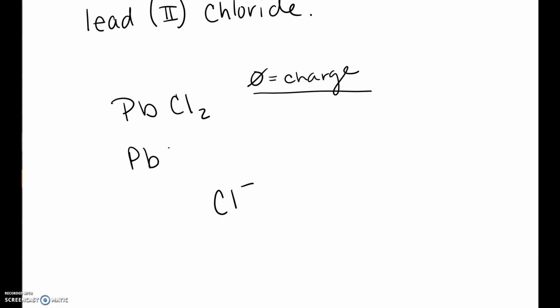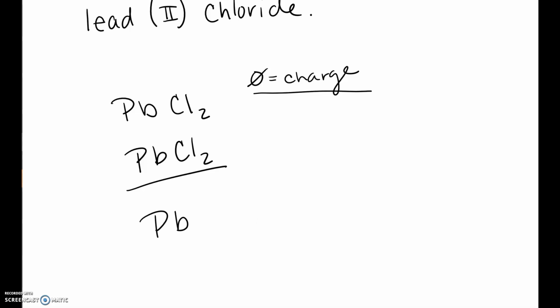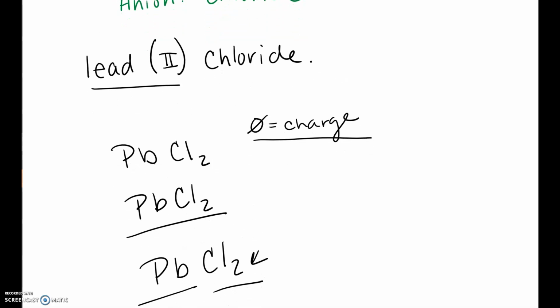That's how you can figure out what ion is coming from the compound. If I have 2 chlorines, then the charge on lead must cancel out the charge given by these 2 chloride ions. And that is how we get lead(II).